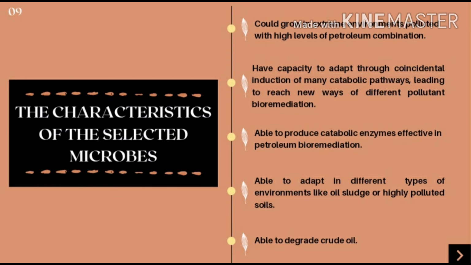It is also able to produce catabolic enzymes effective in petroleum bioremediation. Besides that, the selected microbes are also able to adapt in different types of environments like oil sludge or highly polluted soil. Last but not least, it is also able to degrade crude oil.